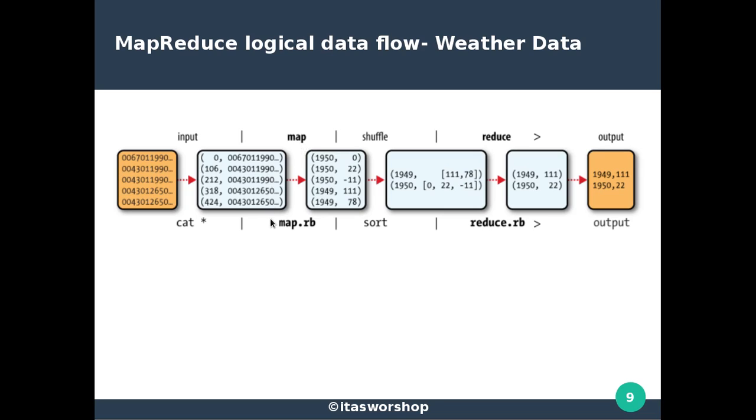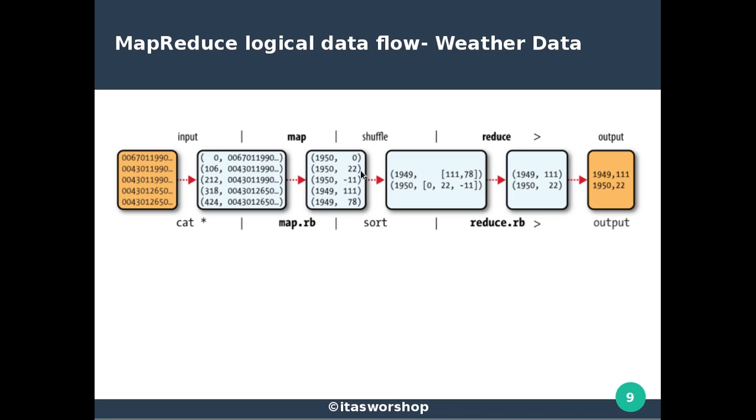So the map function will be taking this, like for 1950 the temperature 0, 1950 temperature 22, 1950 minus 11, 1949 111, 1949. So there will be multiple entries for 1950, multiple entries for 1949, multiple entries for 1948, and so on.